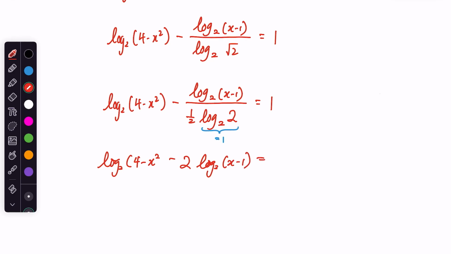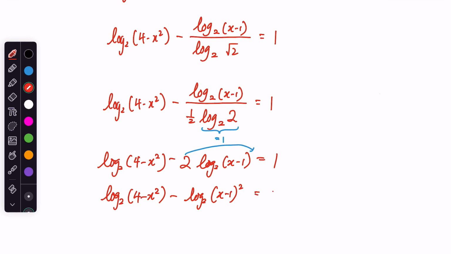Okay, once I have this, I can actually bring the 2 up as the power. So I'm going to bring the 2 up as a power, and I will get log base 2 of 4 minus x squared minus log base 2 of x minus 1 squared equals to 1. Now I have log minus log, so I can write it as a fraction.